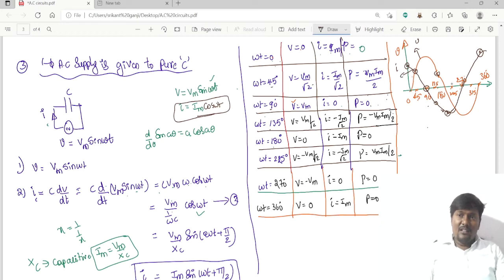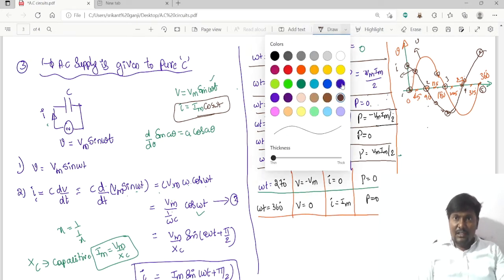So first mark the 0 positions: 0 here, 180 is 0, at 270 one of the waveforms is 0, and 360 is 0. If you multiply any quantity with 0, it is 0. In between, you can see positive into positive, so Vmax Imax by 2 at 45 degrees; you have some magnitude like this.